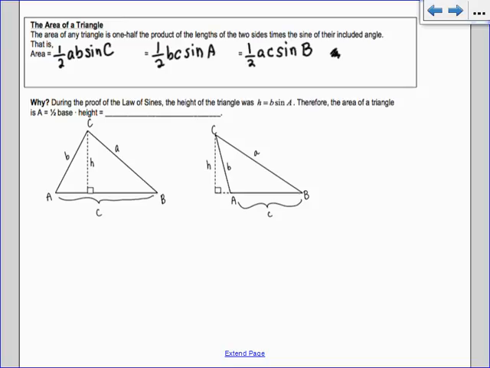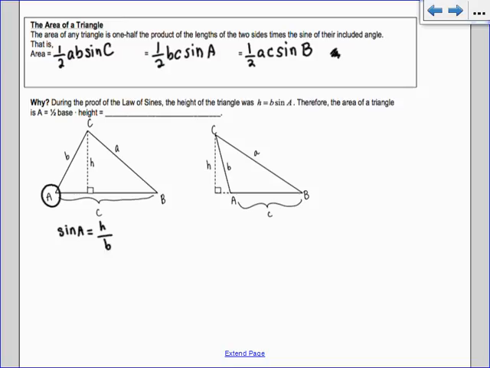So why is this? Because if you try to prove the law of sines, which I'm not going to do, I don't want to bore you with that. I know these are thrilling lessons as it is. The height of the triangle was h equals b times sine of a, which you can see. You're going to have sine of a equals h over b, so b times sine of a equals h.